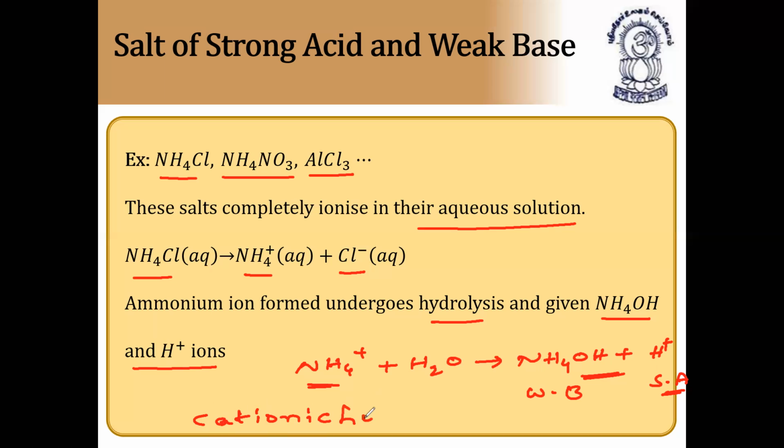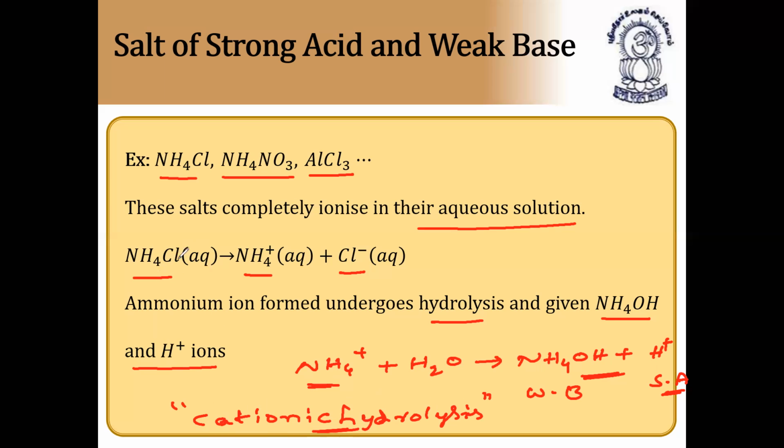So this is called cationic hydrolysis. Please note this down. Very important. They'll ask in the examination from this concept, theoretical questions apart from numericals. So since the cation of the salt is combining with water, it is called cationic hydrolysis.